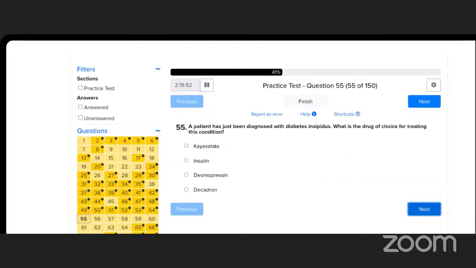A patient has been diagnosed with diabetes insipidus. What is the drug of choice for treating diabetes insipidus? Question 55.